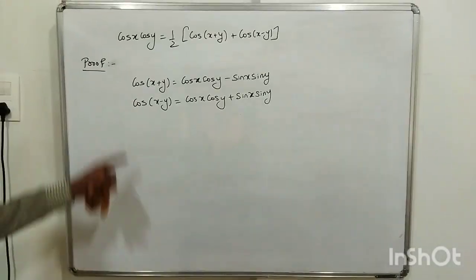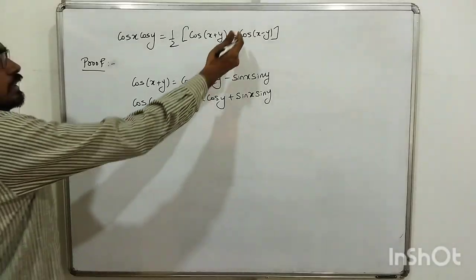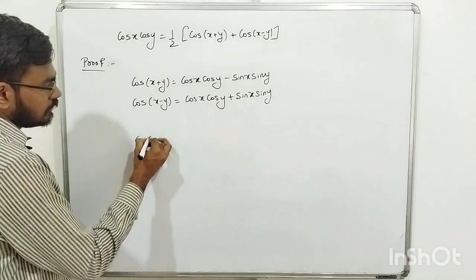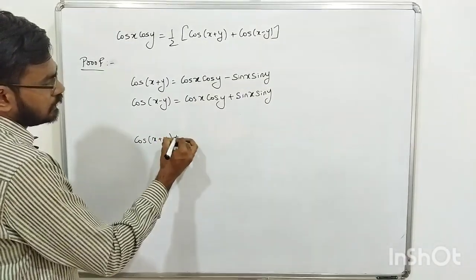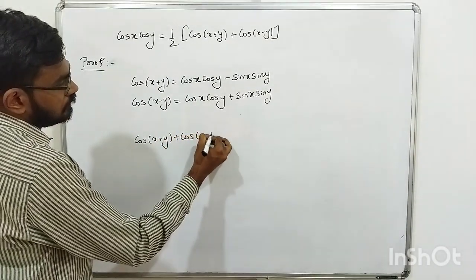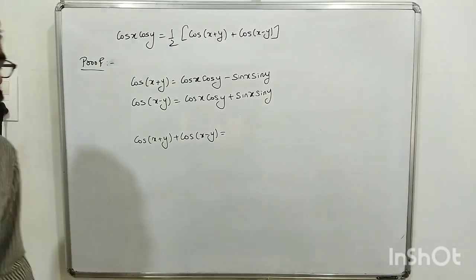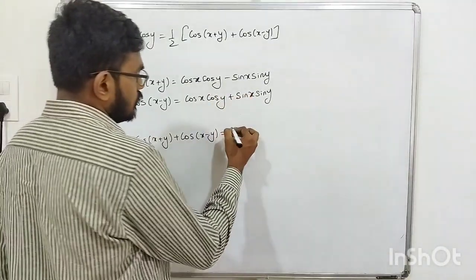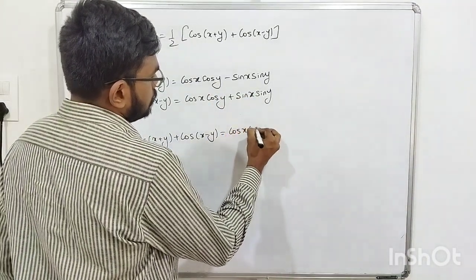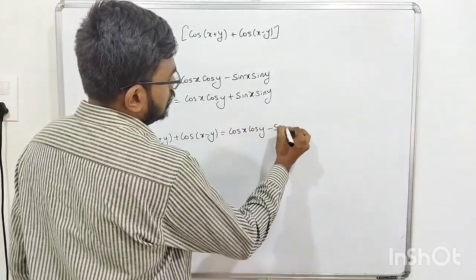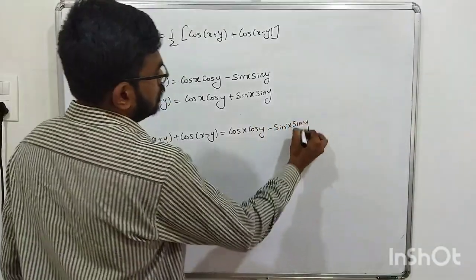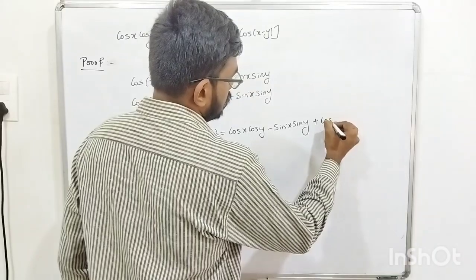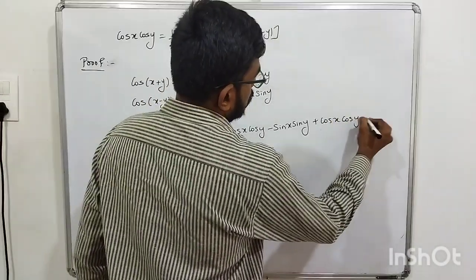Next, we'll just add these. Since there is plus here, we'll add those two. So cos(x plus y) plus cos(x minus y) is equal to cos x cos y minus sin x sin y, plus cos x cos y plus sin x sin y.